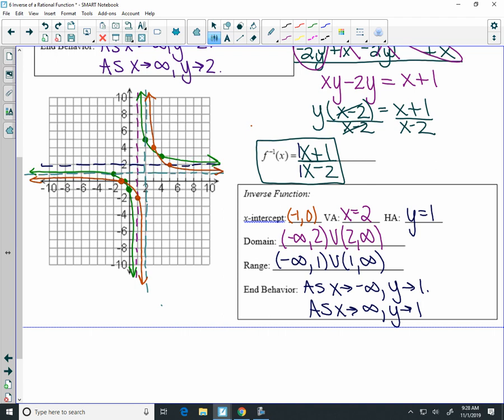Our asymptotes should cross on the line y equals x. Our graphs should cross on the line y equals x. Again, I'm not going to have you graph these, but I wanted you to see this relationship. See that it's working like our logarithms and exponentials did, and our lines, and our quadratics and square roots did as well.